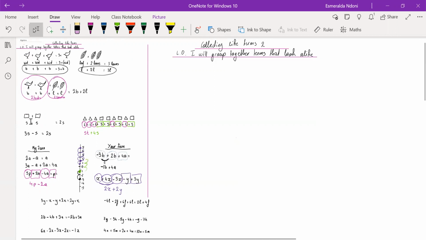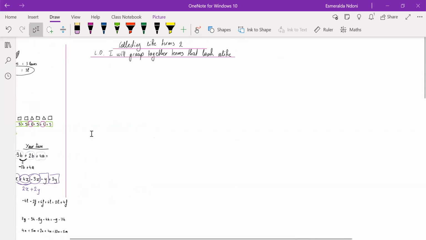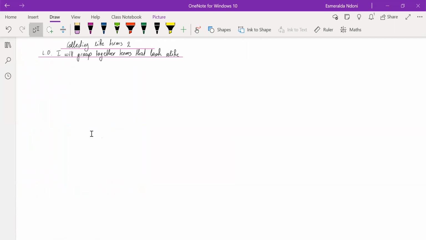We also did some work on squares and triangles, and we collected things that looked alike together to make it shorter and simpler when we got given questions with loads of x's and loads of y's. So today we're going to continue on that concept. We're just going to expand a little bit on it.